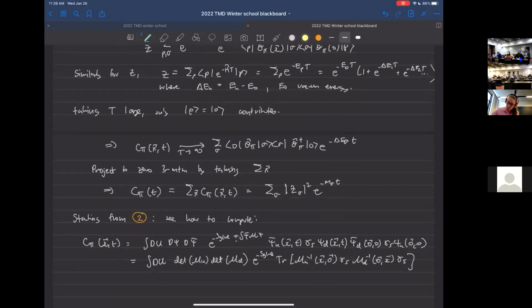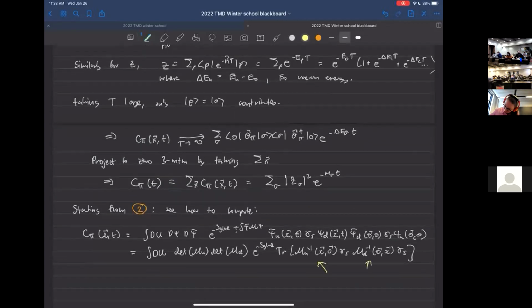Okay, so quark propagators, which you have to compute by inverting M, which is this big matrix, right? So we see already two computational costs here.